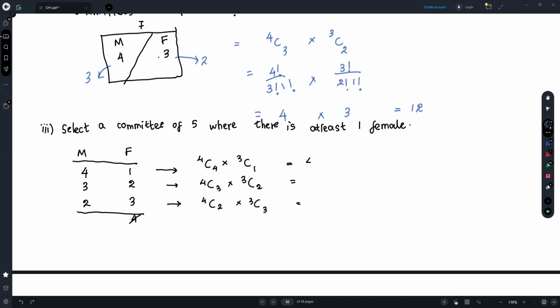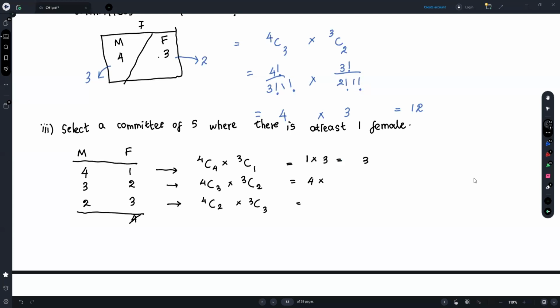4 choose 4 is 1, right? The ways to select 4 out of 4, that's 1 way. It's 3 ways, so this is 3.